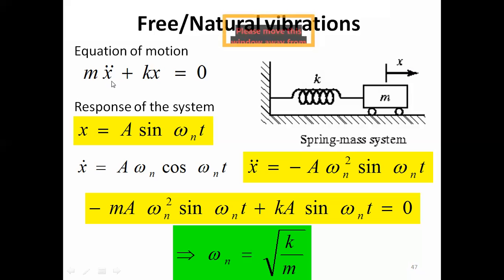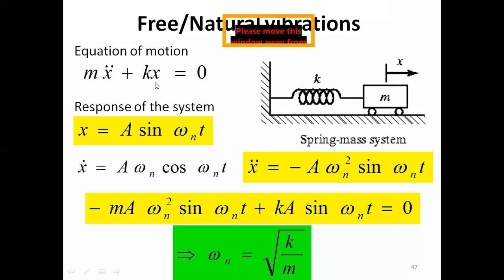And m x double dot is actually the inertia force. So this is the inertia force plus the spring force. The sum of these two must always be equal to 0 during this vibration. So this differential equation represents the motion of the system during the whole vibration at all instances.